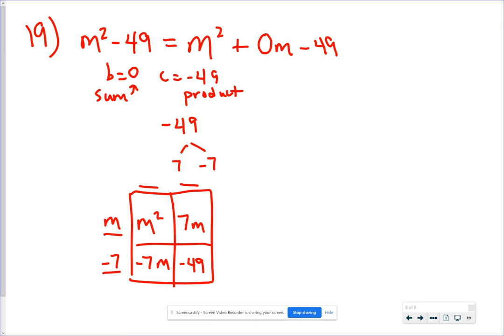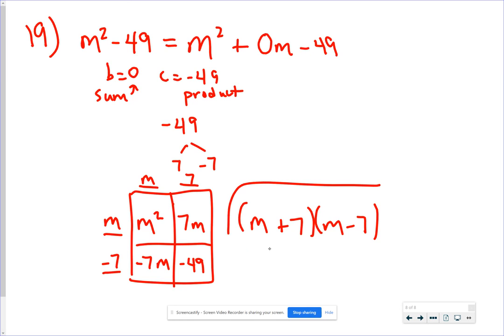First column is m. GCF of the second column is 7. My factored form then is going to be m plus 7 from the top here and m minus 7 from the side. And we have our answer to problem number 19. And that is section 2.5 notes.